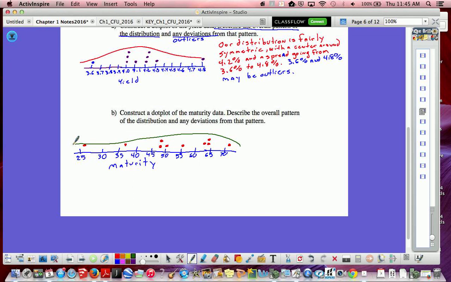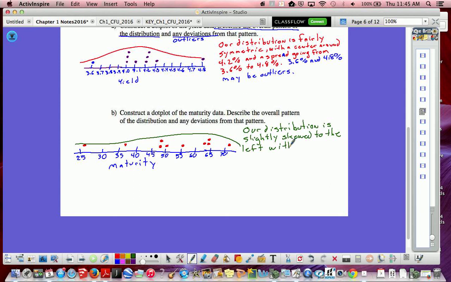Mainly because if I draw a line of symmetry right down the middle, it looks like I've got a little more spread going to the left than to the right. So I might say our distribution is slightly skewed to the left.